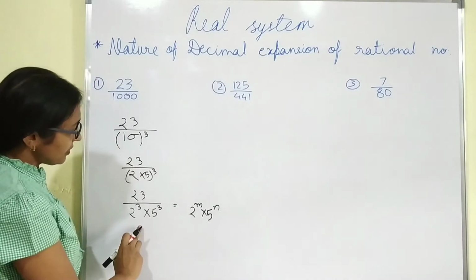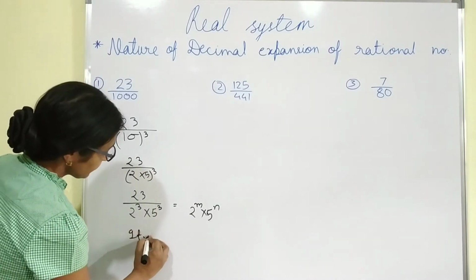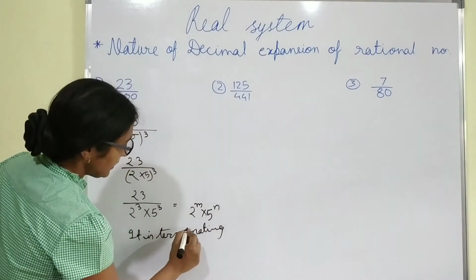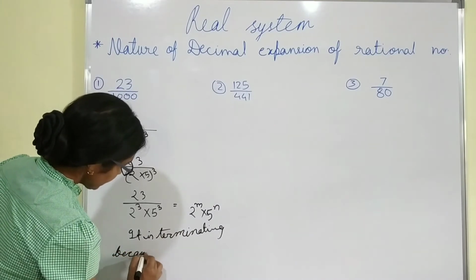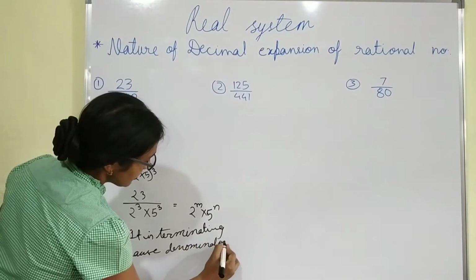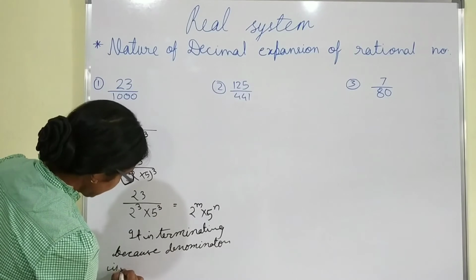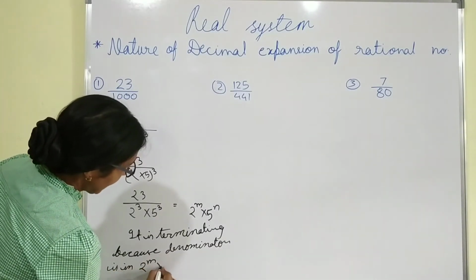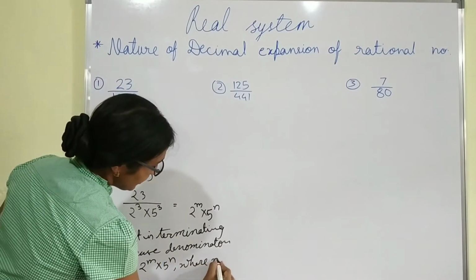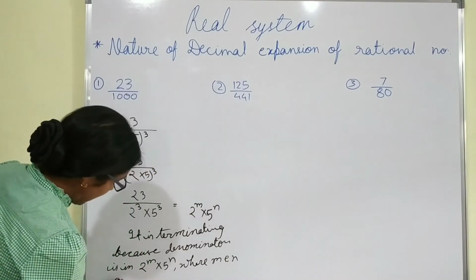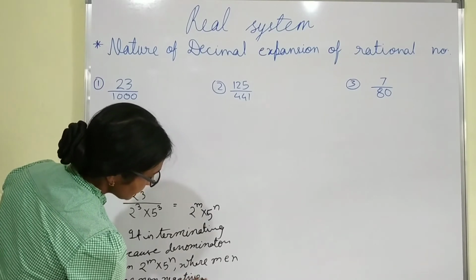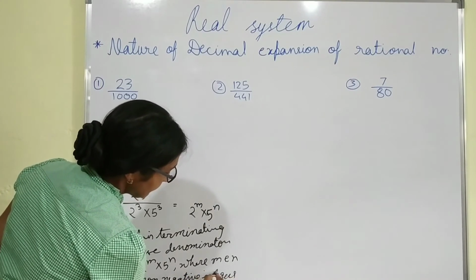Okay, so first I am writing, it is terminating because denominator is in the form 2 power m into 5 power n, where m and n are non-negative integers.